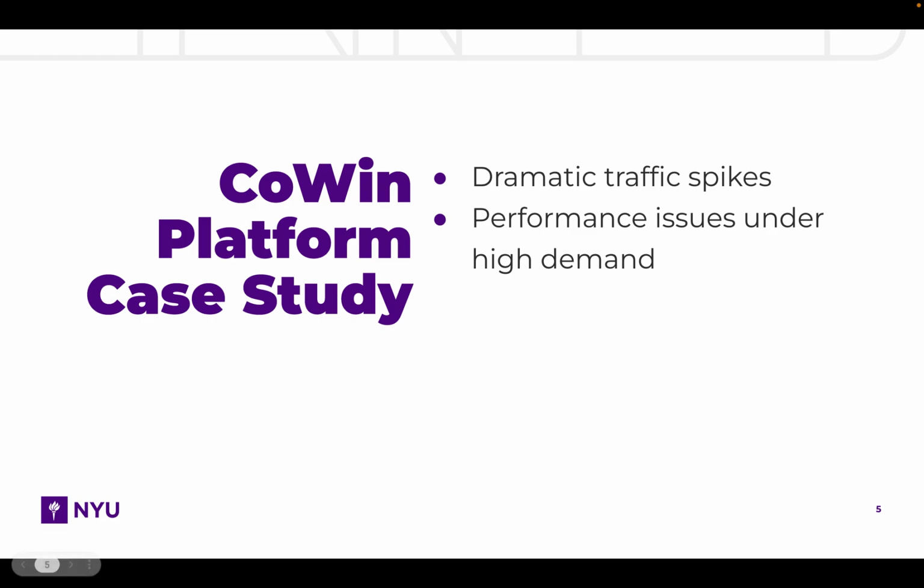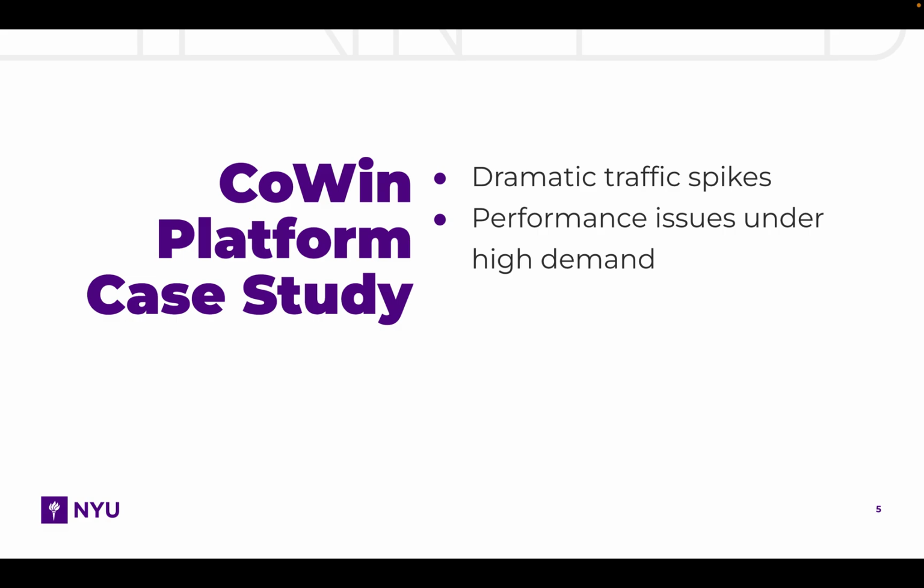So basically, the CoWIN platform was a website that the government of India came up with, where, as and when certain age groups were allowed to book their vaccinations, there would be a sudden influx of users trying to book these vaccine appointments, and hence it serves as a perfect case study for us.